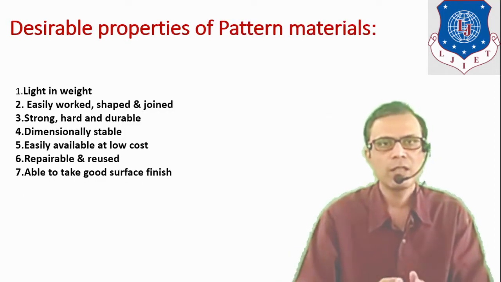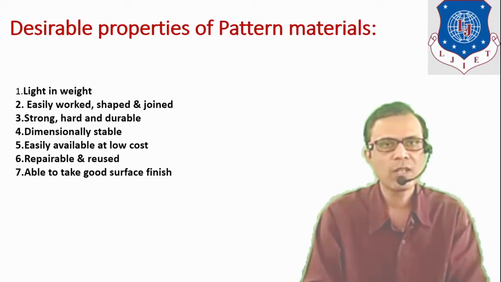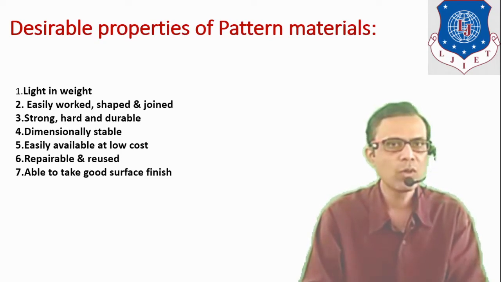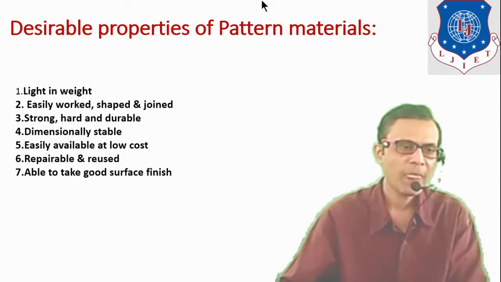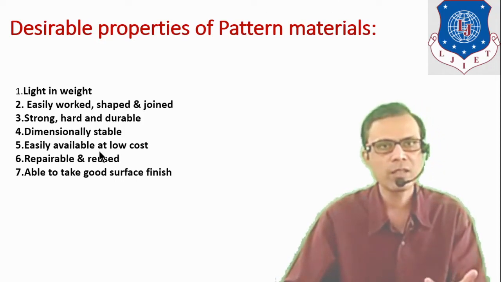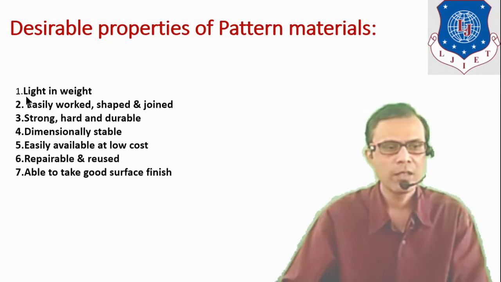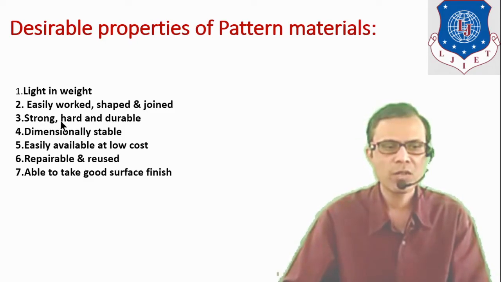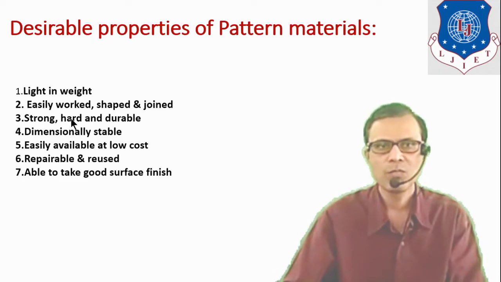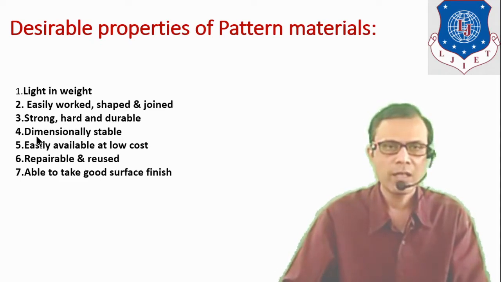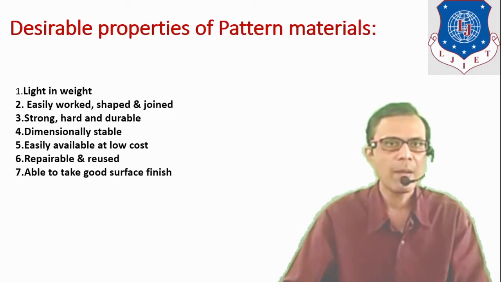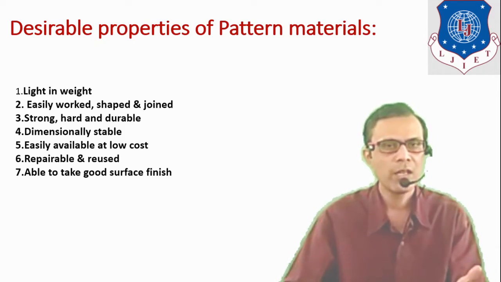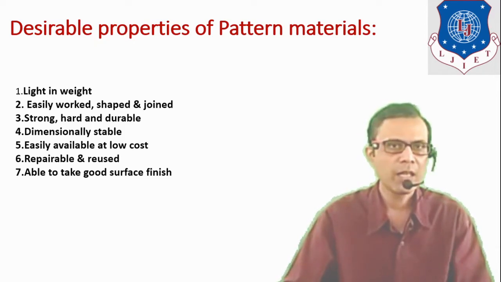Now let's see different pattern materials and what are the desirable properties for a good pattern material. So properties which are necessary for a good pattern material is it should be light in weight, it should be easily worked, shaped or easily it can be joined, it should be strong, hard and durable for multiple uses, it should be dimensionally stable as it can be used again and again and in all conditions it should remain stable in dimensions.